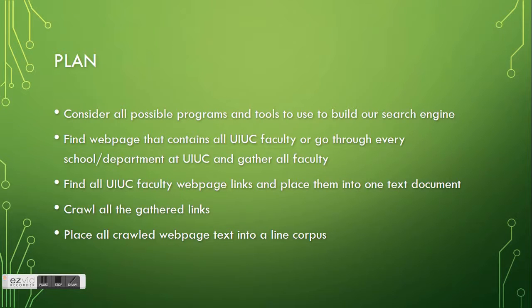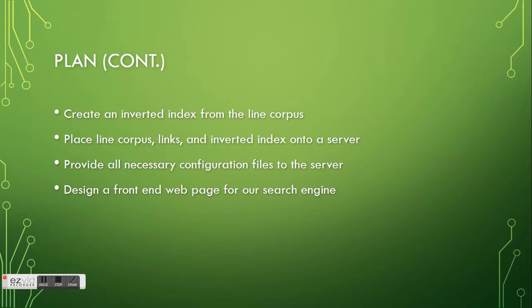The next plan would be to crawl all the gathered links and place all the crawled web page text into a line corpus. A line corpus is, of course, just a database with each web page separated by a new line. Following that, the plan was to take that line corpus and create an inverted index from it.